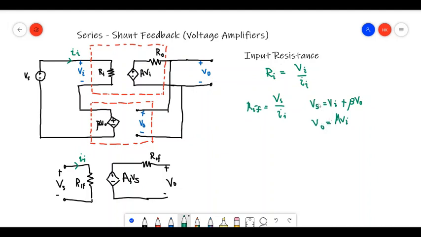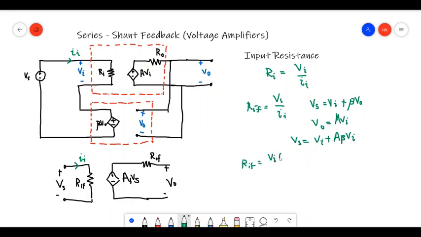So using that expression, Vs can be written as Vi plus A beta Vi. If we substitute it in this expression, I can write RIF is equal to Vs, where I can take Vi as a common factor.